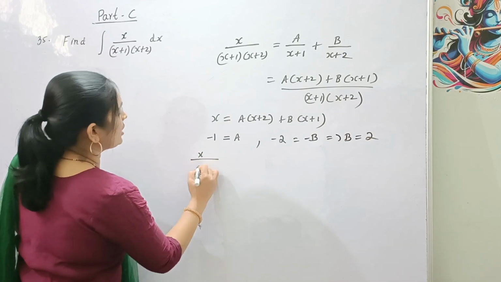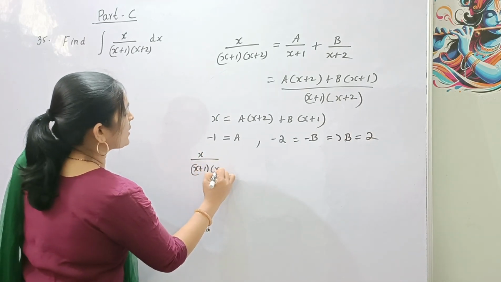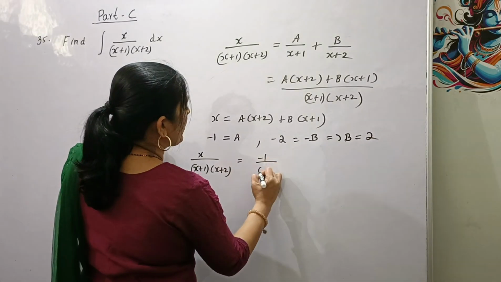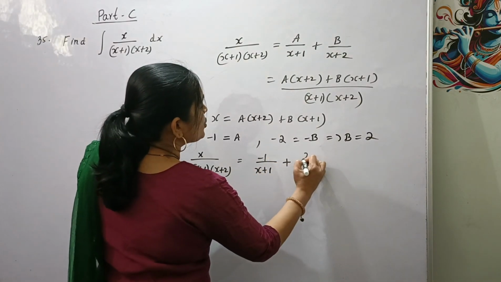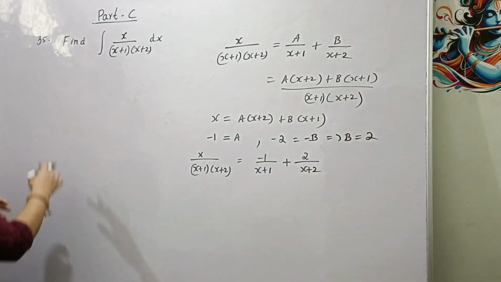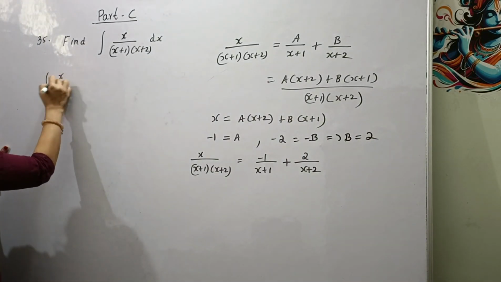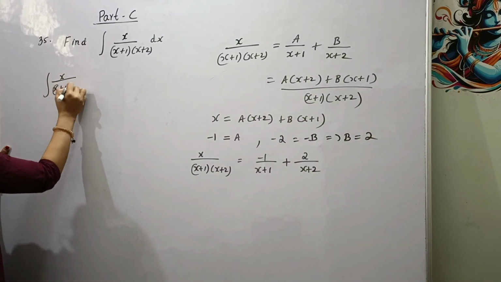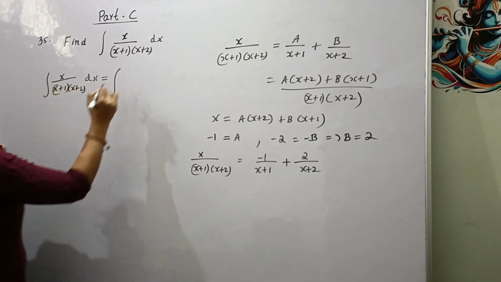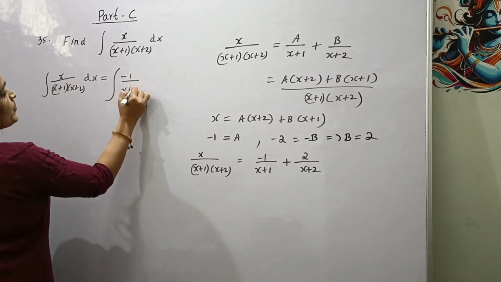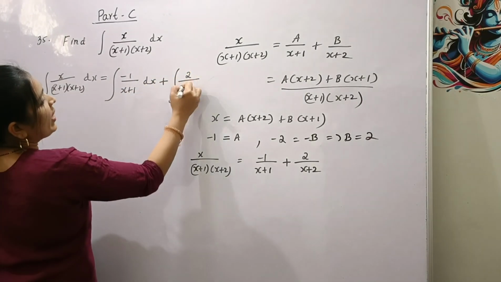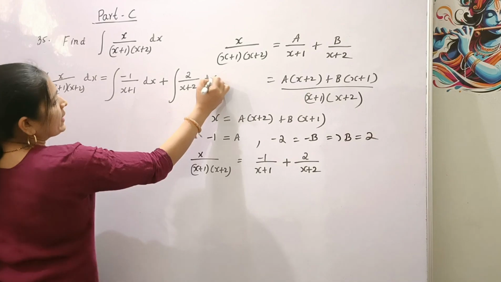So here x divided by (x plus 1) into (x plus 2) can be written as minus 1 divided by (x plus 1) plus 2 divided by (x plus 2). Okay. So this integral x divided by (x plus 1) into (x plus 2) dx can be written as integral minus 1 divided by (x plus 1) dx plus integral 2 divided by (x plus 2) dx.